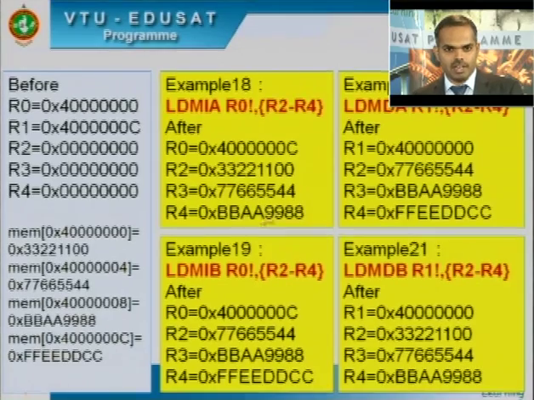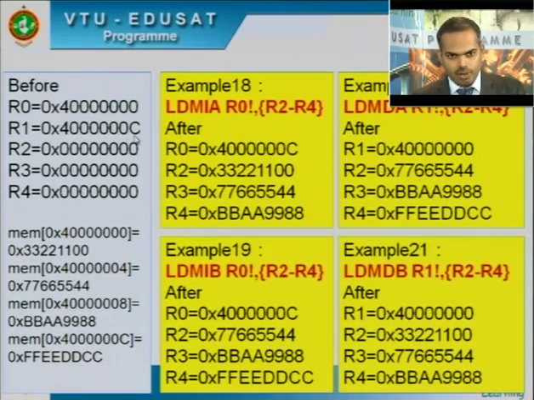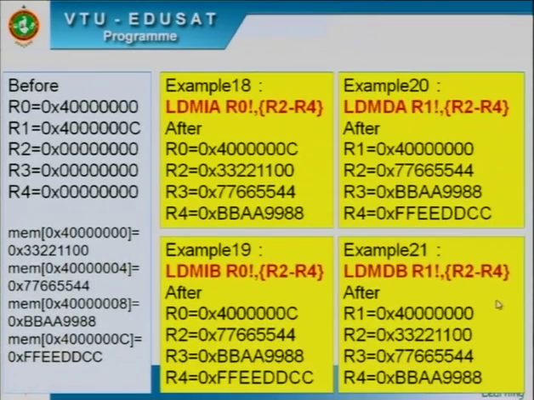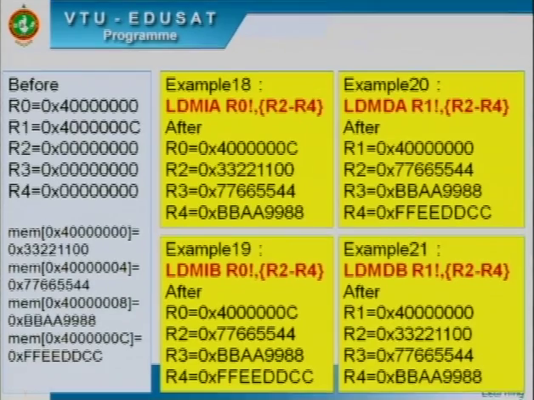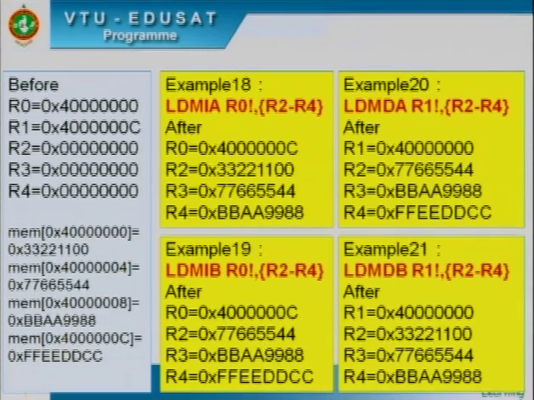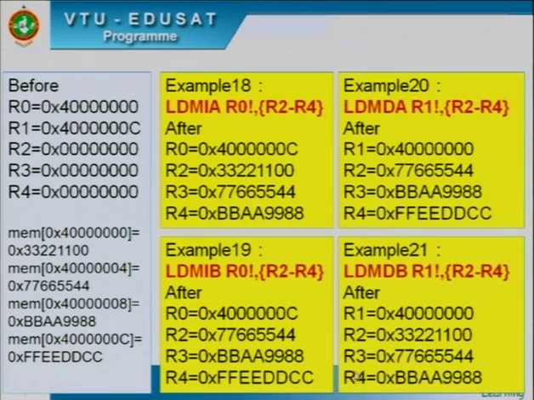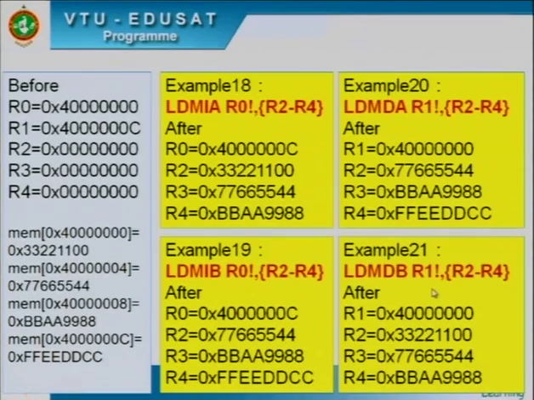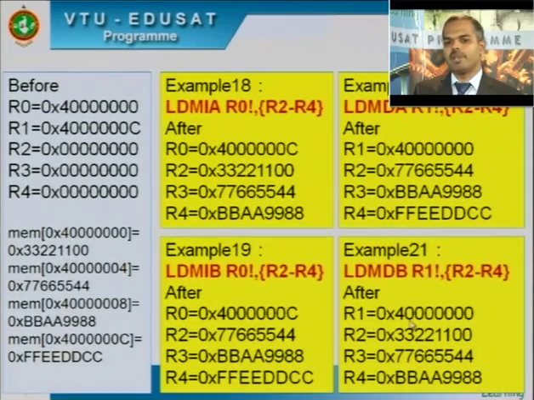That means the address held in R1 gets decremented first, and then the content at that address is copied to R4, and then the address decrements again and the value goes to R3, then it decrements again and the value goes to R2. These three registers, R2, R3, R4, get values in a single instruction. At the end of this instruction, the R1 value will be 4 followed by 7 zeros. The concept is the same as example 20.